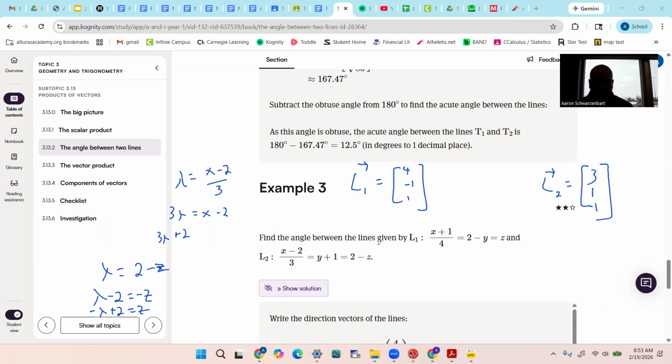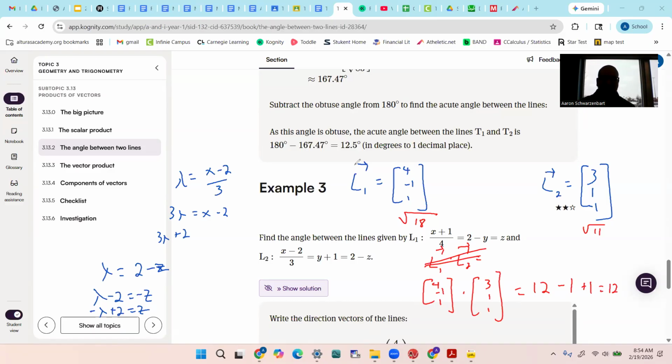So find the angle between the lines. Okay, let's get the magnitudes: square root of 18, square root of 11. L1 dot L2, I guess it's not really L1 dot L2, it's the dot product of the direction vectors: 12 minus 1 plus 1.